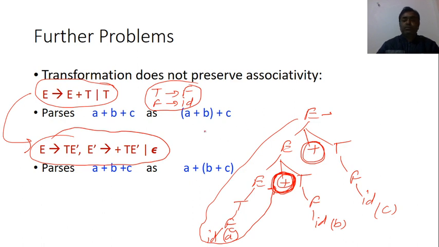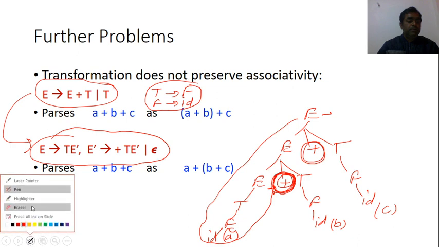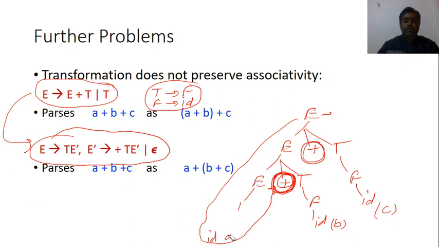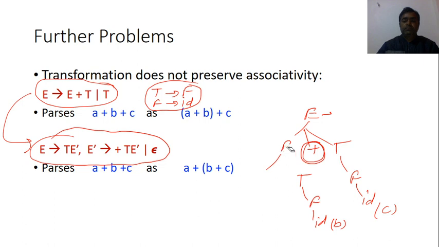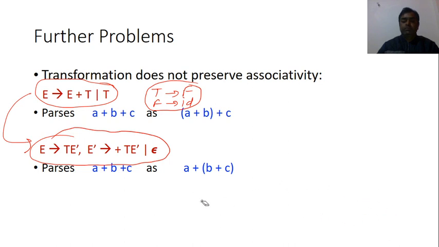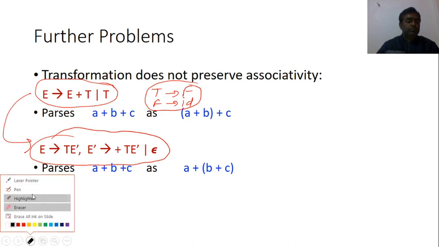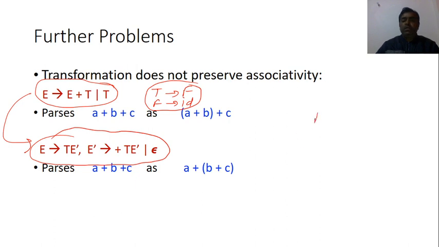Now if I am using this grammar, our parse tree will be like this. E derives to T E prime. Then T derives to F, F derives to ID.